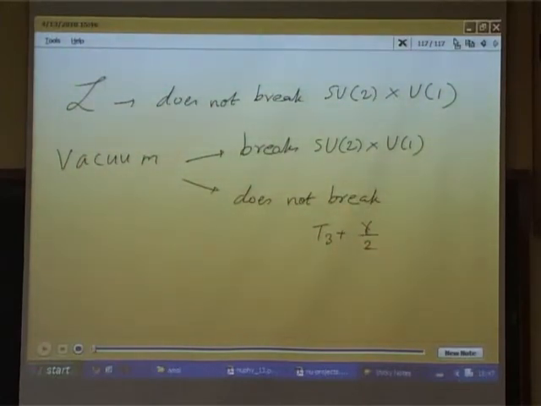What does this mean? If you look at your complete theory, after all this breaking, if you do experiments today, you will find that SU2 will be broken. So if you try to find some interaction, there will be some interaction that will break SU2. There will be some interaction that will break U1Y. However, everything that you will discover in experiments will conserve T3 plus Y by 2.